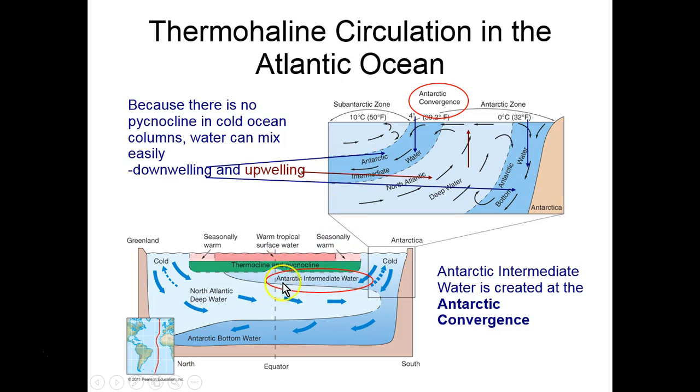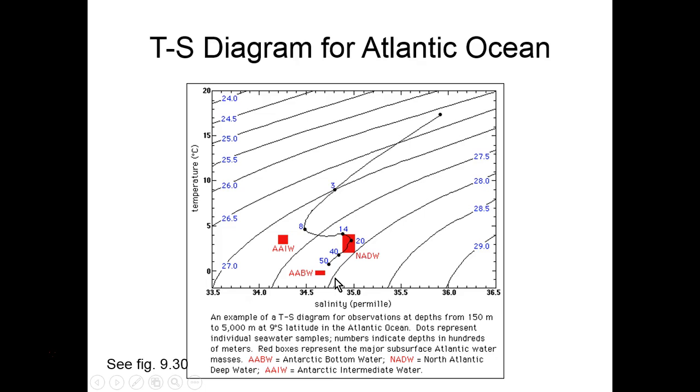So that's what's shown right here, the Antarctic intermediate water, because it's cold, but it's not as cold or as dense as the Antarctic bottom water or as the North Atlantic deep water, and therefore it settles up on top.